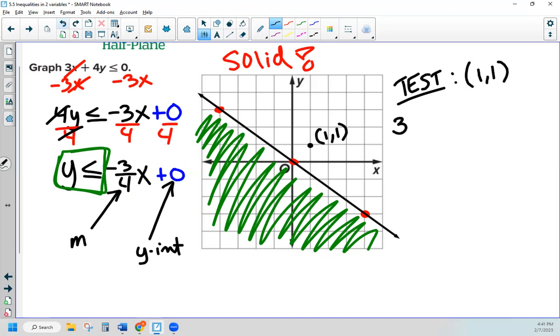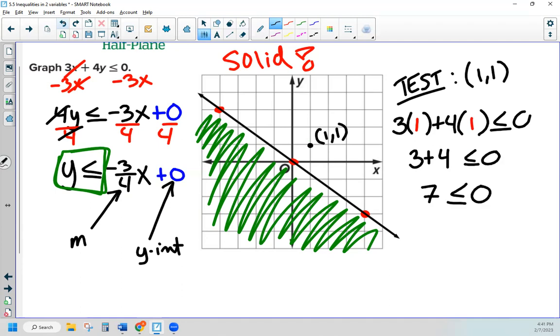My original equation is 3x plus 4y less than or equal to the number 0. The x and the y that I'm working with right now is 1 and 1. 3 times 1 is 3. 4 times 1 is 4. When I add that together, I get 7. So is this true? Is the number 7 less than or equal to 0? And that is not true. This is false.